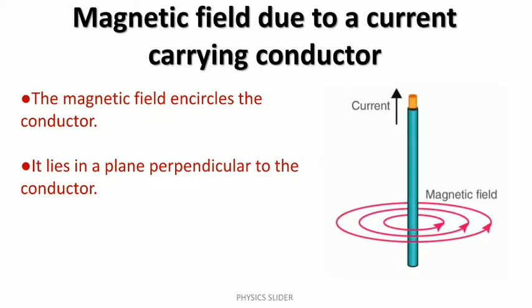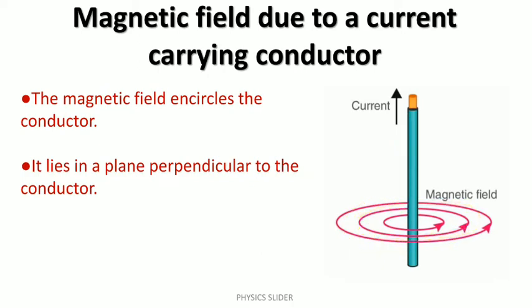This is the plane of the conductor and this is the plane of the magnetic field lines. So we can say that it lies in a plane perpendicular to the conductor. That's why we say this and this are perpendicular to each other.